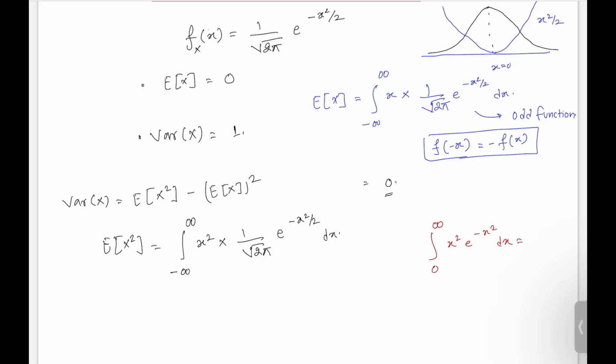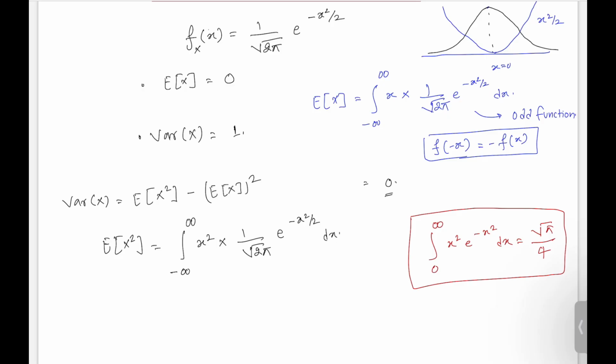You will find this integral many times, so you can directly remember it, or otherwise you can find it using integration by parts. The result of this integral is root pi divided by 4. I am going to make use of this integral while finding the variance of the normal or Gaussian random variable.